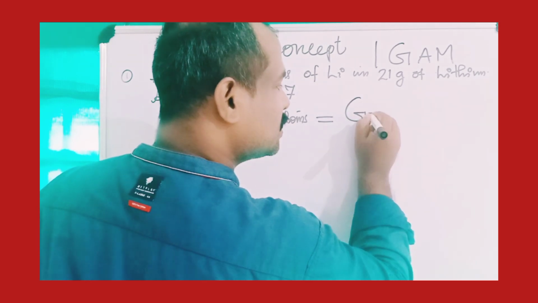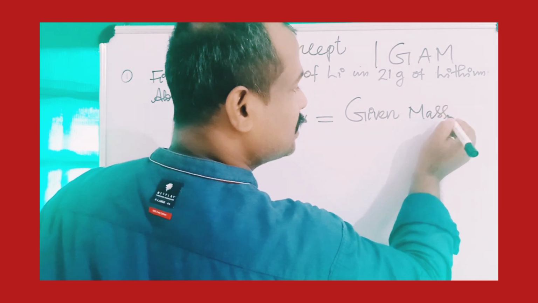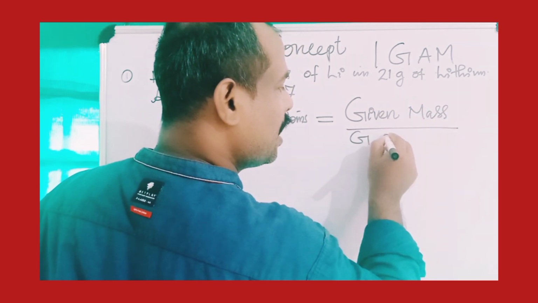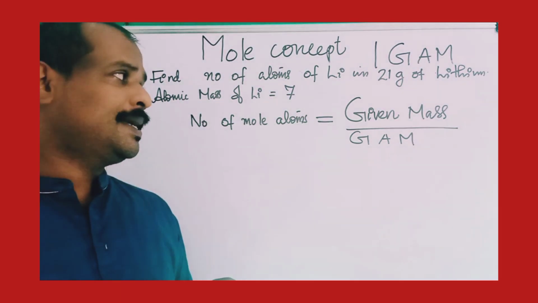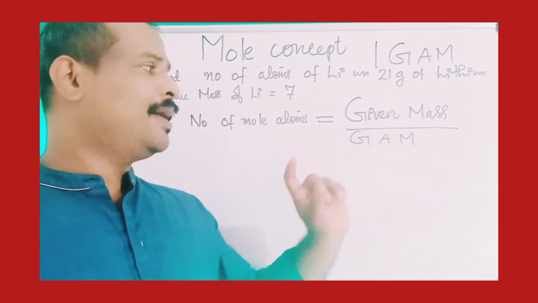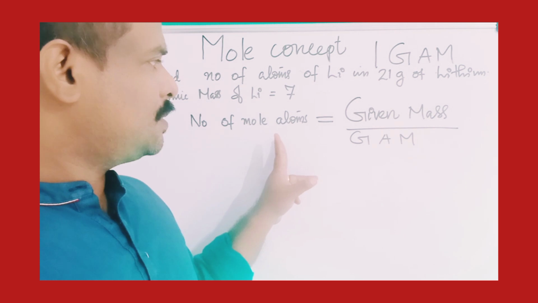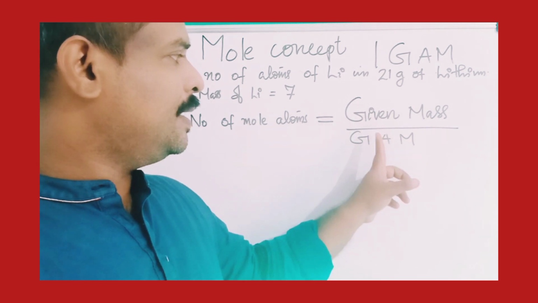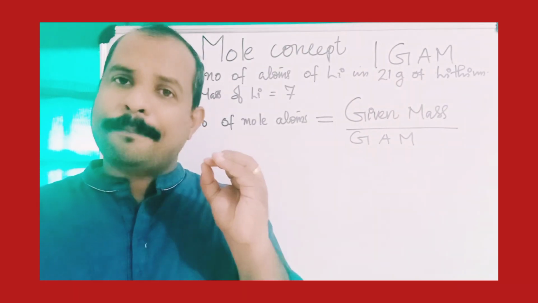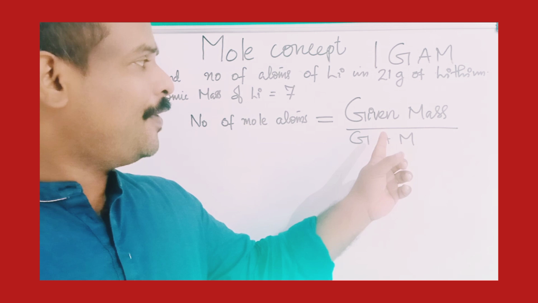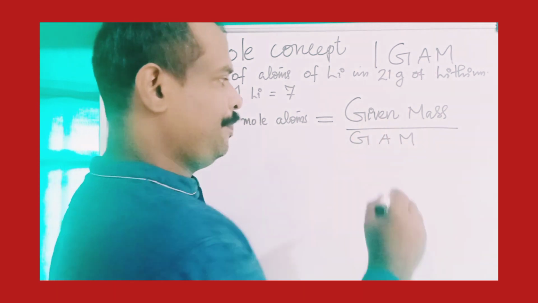Given mass, to find the number of mole atoms, there is an equation: given mass divided by gram atomic mass. So the number of mole atoms is equal to given mass divided by gram atomic mass, or GAM.